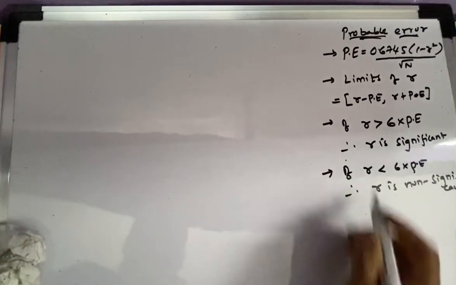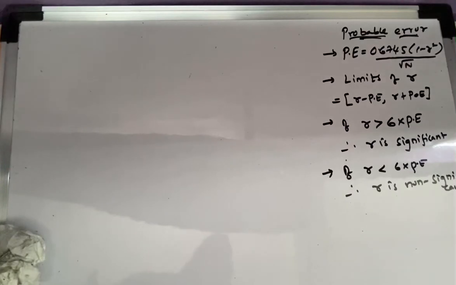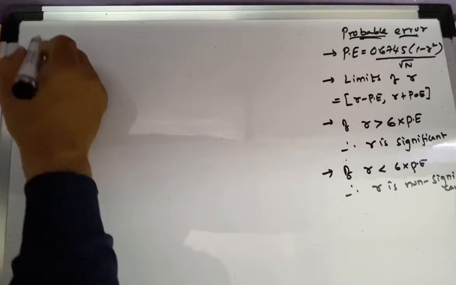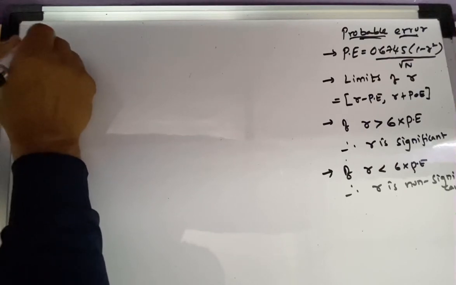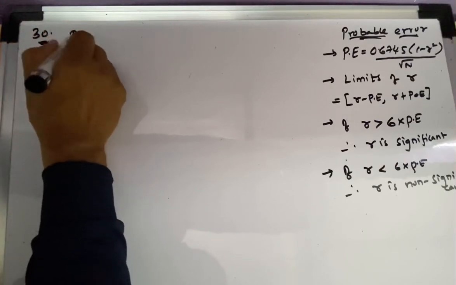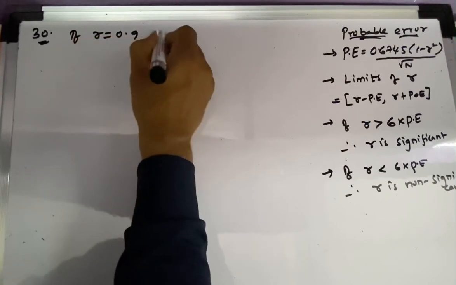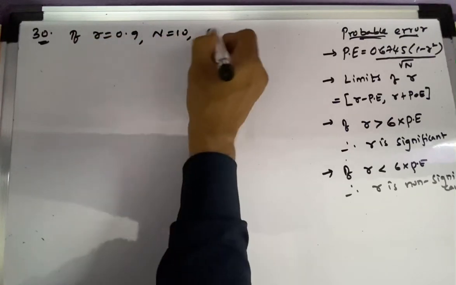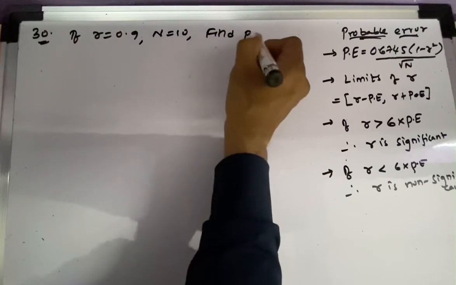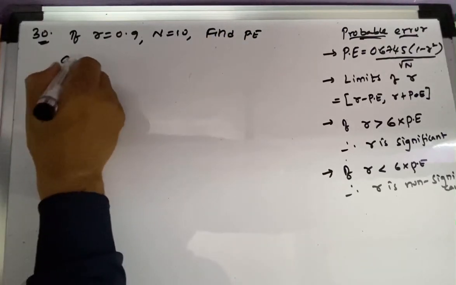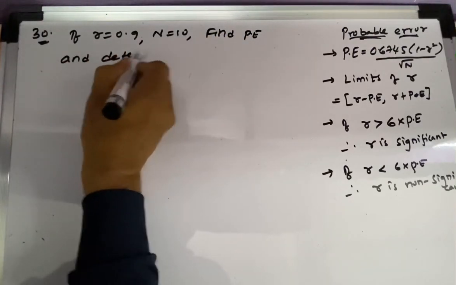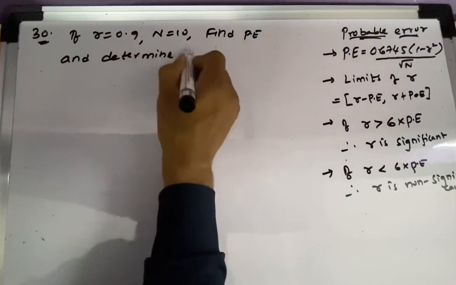Now we'll have problems based on those points. First one: if r equals 0.9, n equals 10, find probable error and determine limits of r.